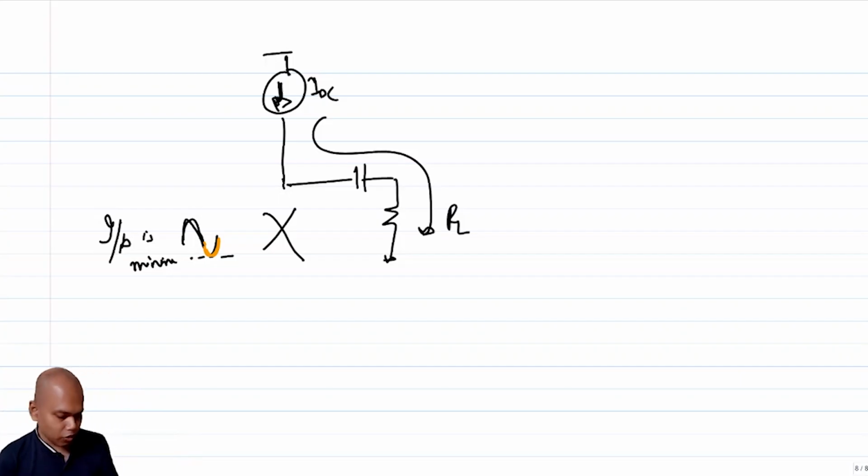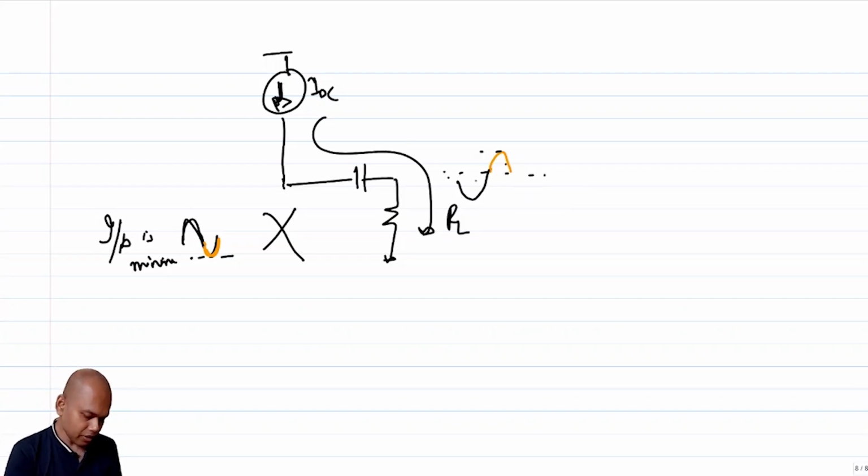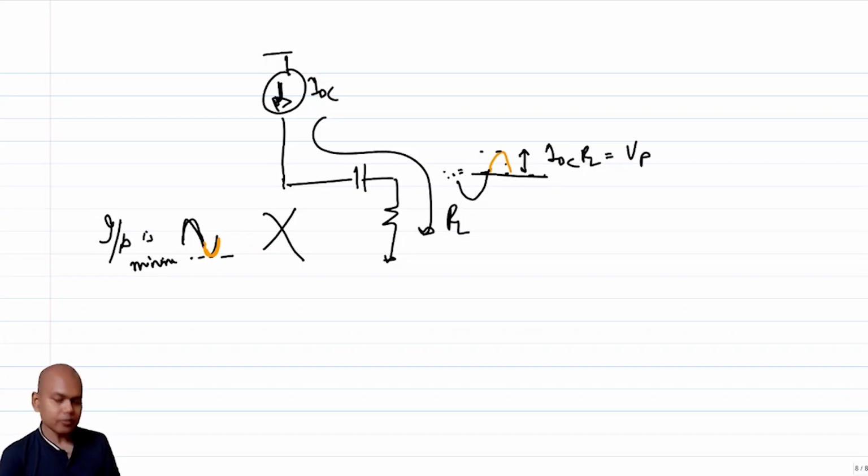So what will this maxima be? This maxima will be equal to IDC times RL, which is essentially Vp, the peak.